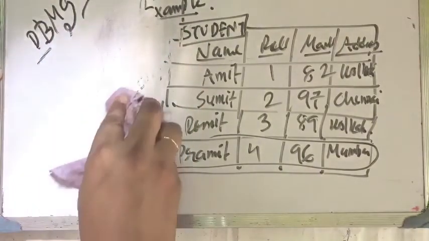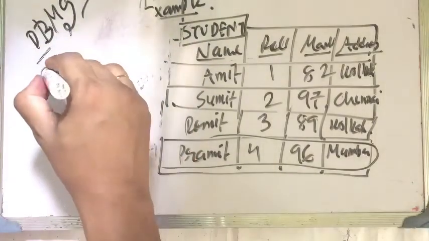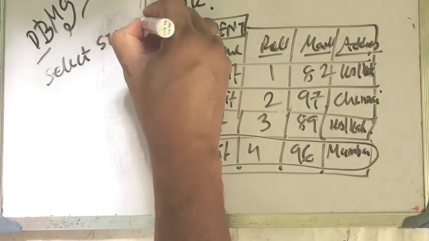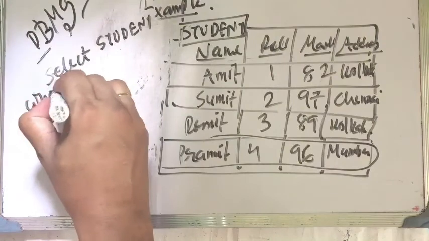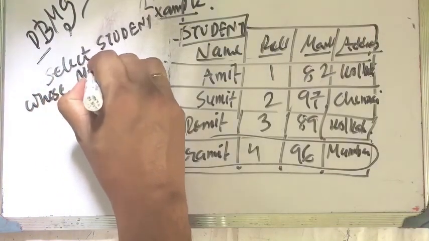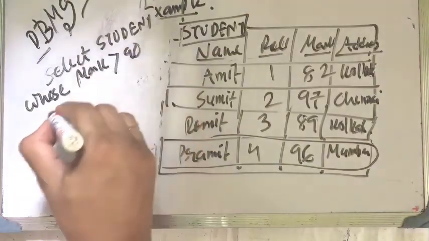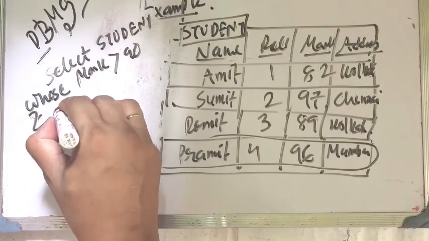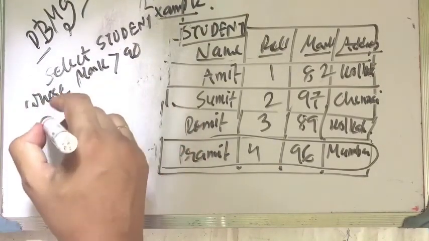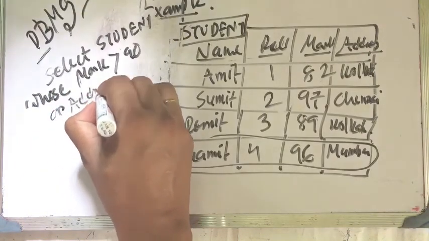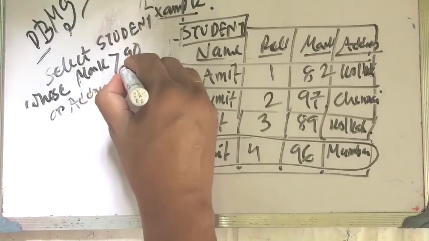Consider another query. Select students whose marks are greater than 90 or whose address is equal to Kolkata.